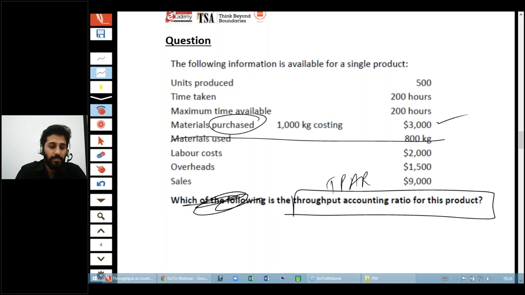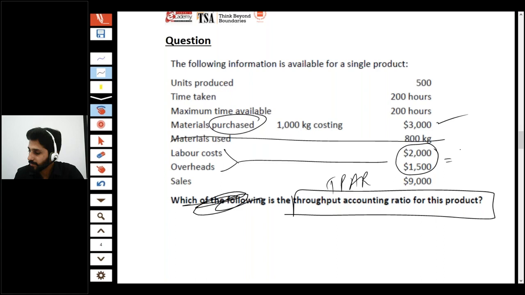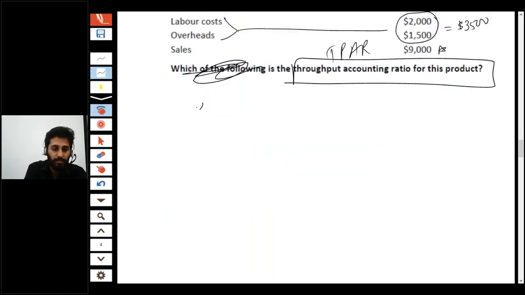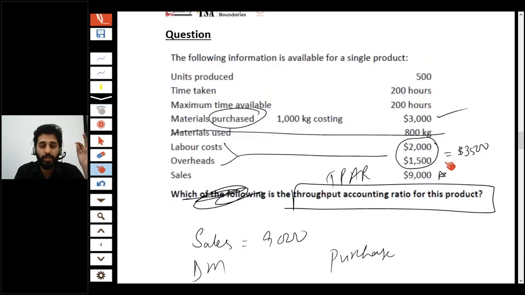Now labor and overheads collectively are 3500. Sale is $9,000. For raw material, always take the purchase figure because it ignores the movement of stock.